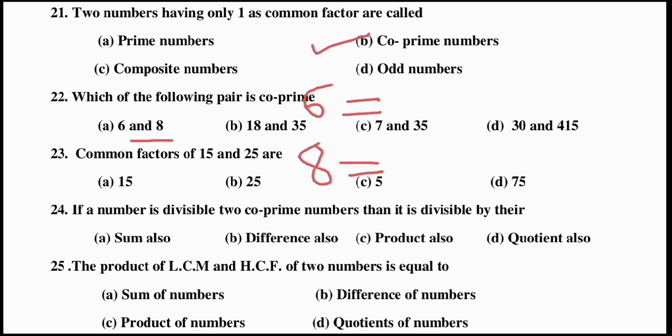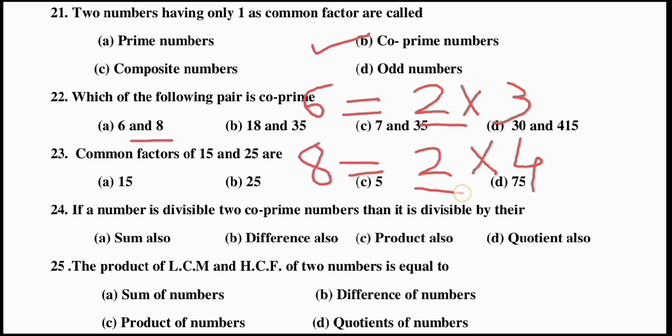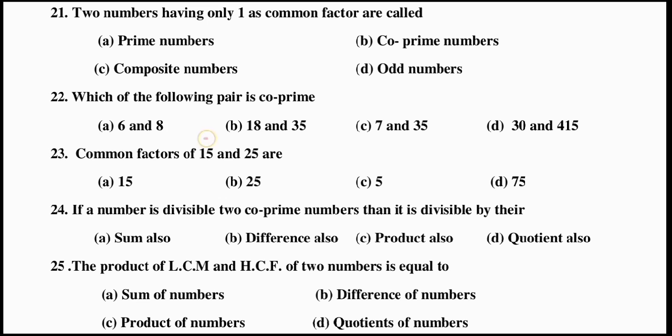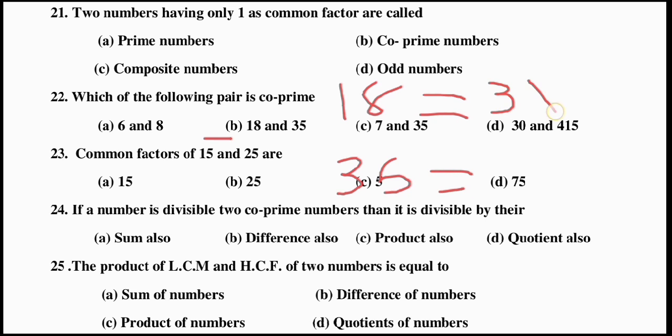Here we need to check which pair has only one as common factor. In this pair, 2 3s are 6 and 2 4s are 8. Your common factor is 2, so it is not co-prime. Let's check option B, 18 and 35. 3 6s are 18 and 5 7s are 35.